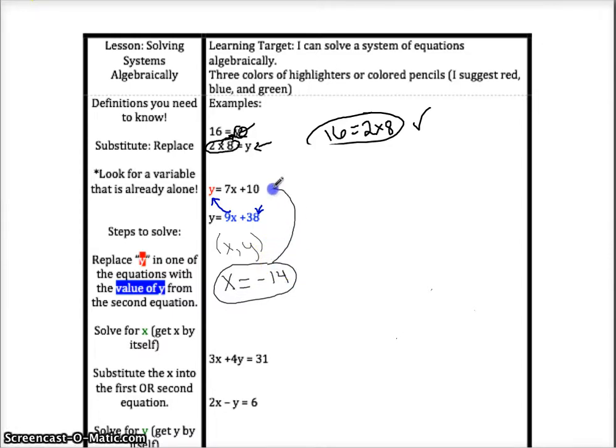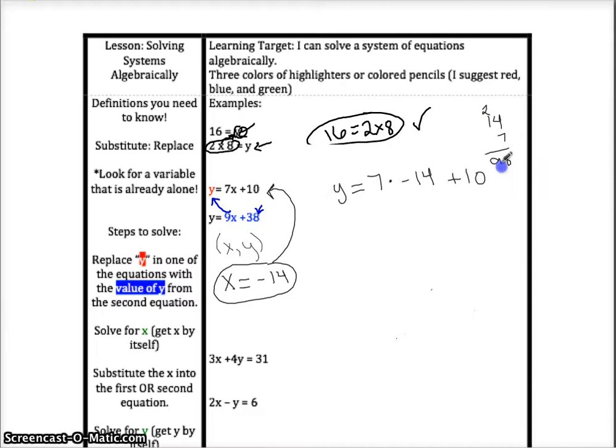And I personally am going to plug it into this equation, but you can plug it into either to find out what your answer is. So you'll have y equals 7 times negative 14 plus 10. So 7 times 14, I think it's going to be 98.